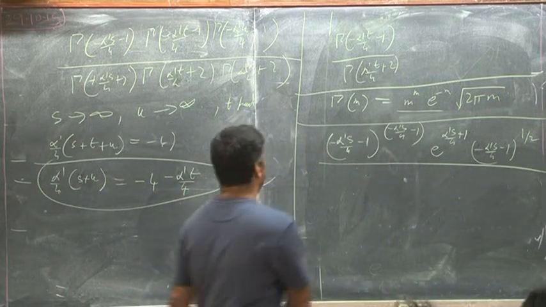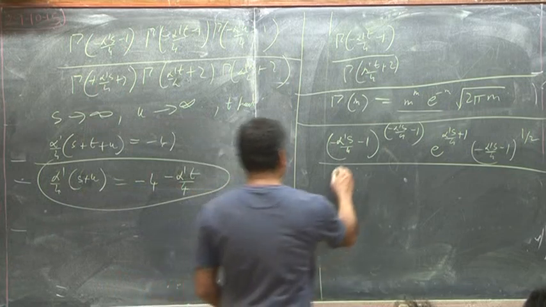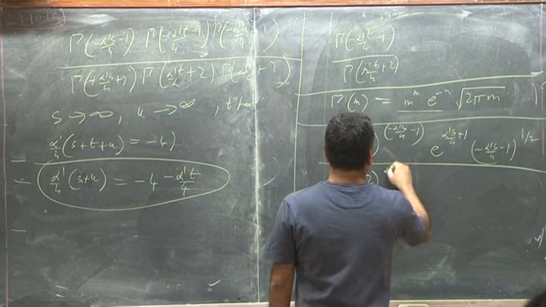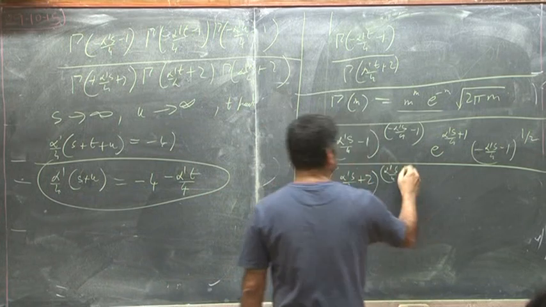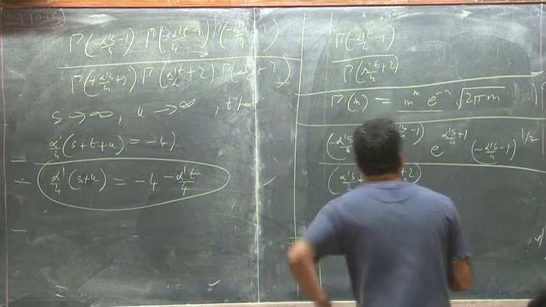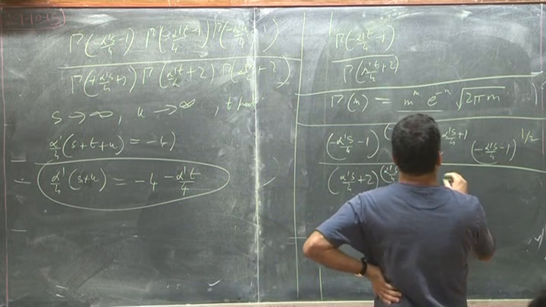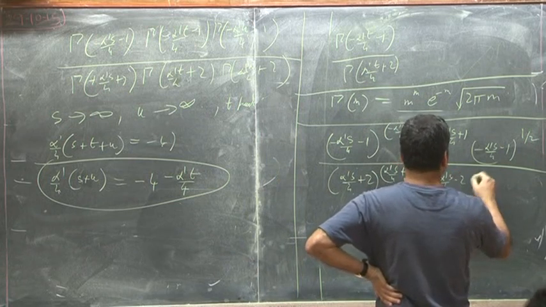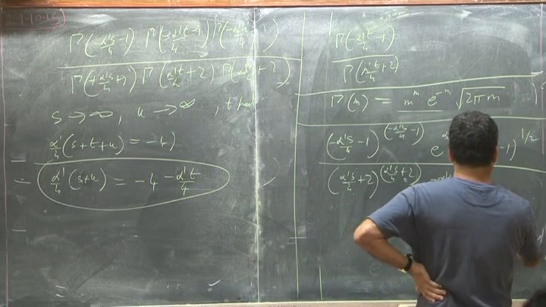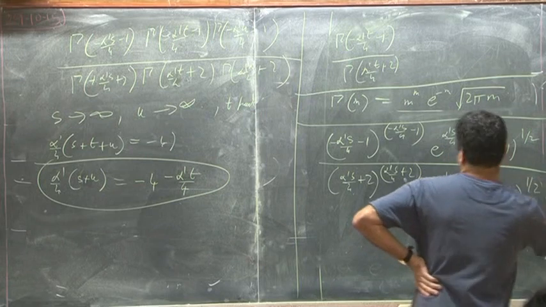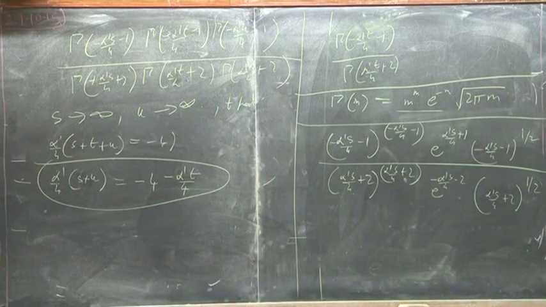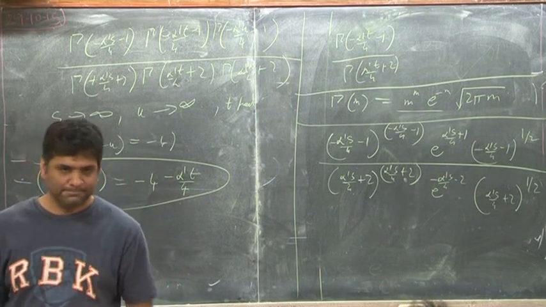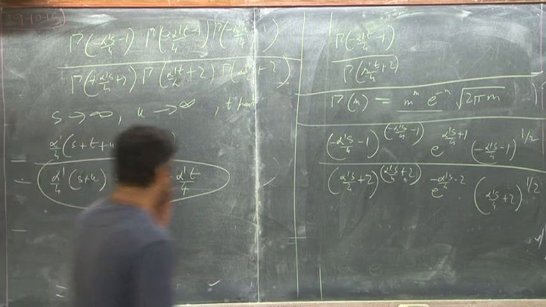Then we have divided by the second term: alpha prime s by 4 plus 2 to the power alpha prime s by 4 plus 2, e to the power minus alpha prime s by 4 minus 2, into alpha prime s by 4 plus 2 to the power half. And then exactly similar terms with s replaced by u.